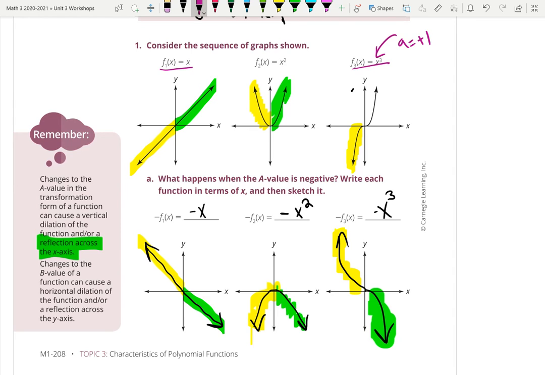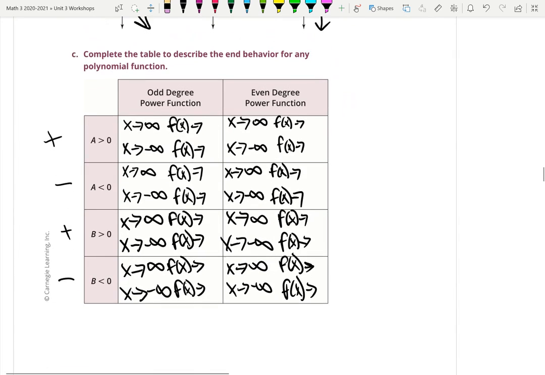You have to ask yourself two questions. You start at the origin, and as x goes to positive infinity, meaning as it goes to the right, what is the line doing? The line is increasing. It's going up to heaven. So it's going to be positive infinity.